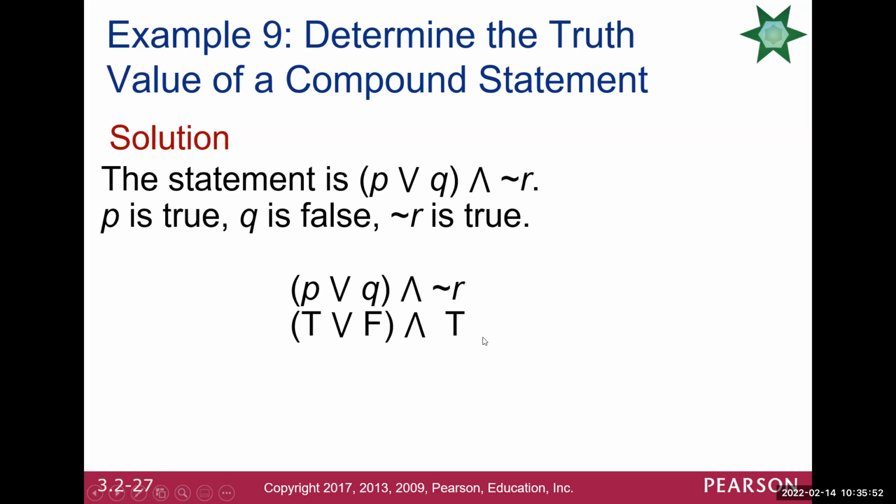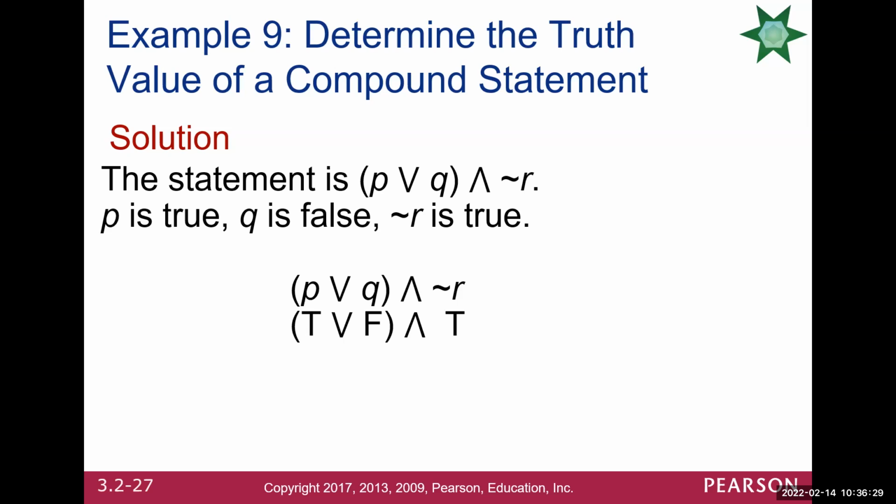Now, if you notice, I still have the exact same thing written, but instead of doing an actual truth table, which for 3 statements is quite extensive, this right here breaks it down more simplistically for you. What I have in parentheses, the first thing that I'll operate on is going to be T or F, and then I'll combine it with and T. So think about our disjunction connective. This or that. I need this or that to be true. And then the outcome that I get is what?